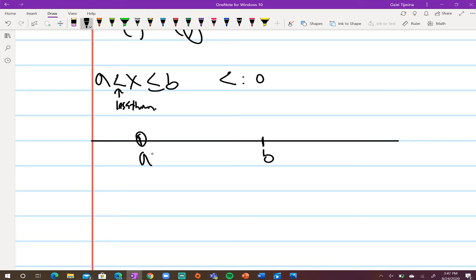And then this one is less than or equal to, so for this one, it's going to be a dot.